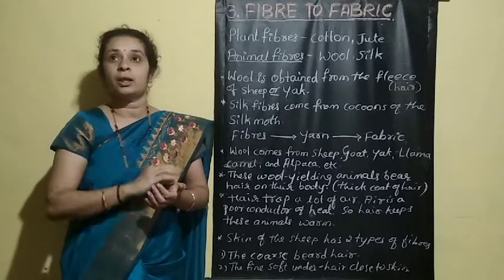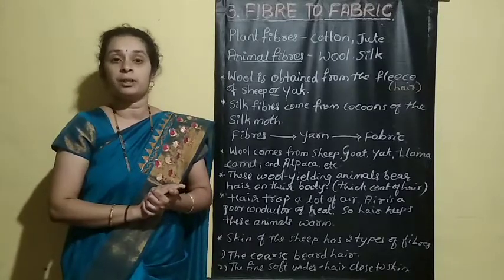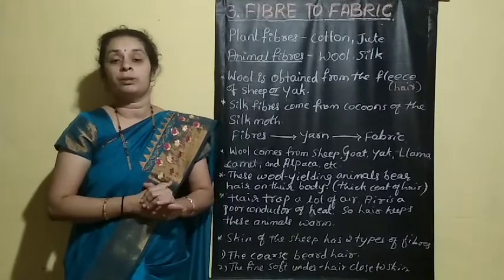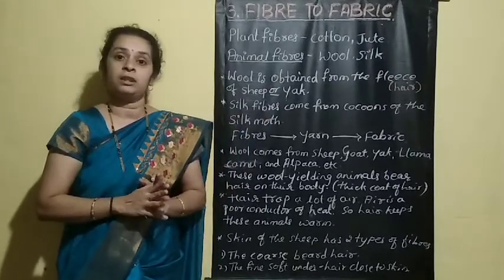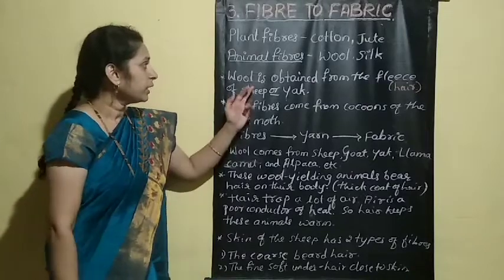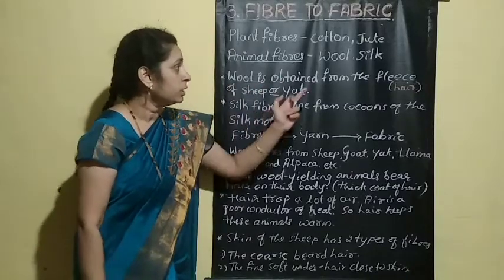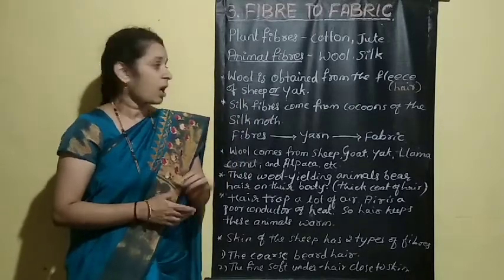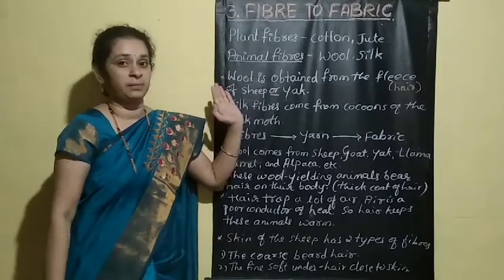From the cocoons of the silkworm, the silk moth, we get the silk fibers. Wool is obtained from the fleece of sheep or yak or any other animals.